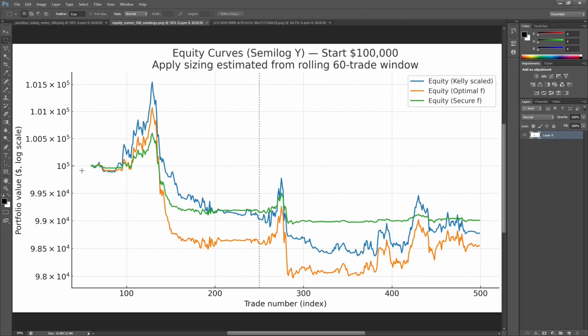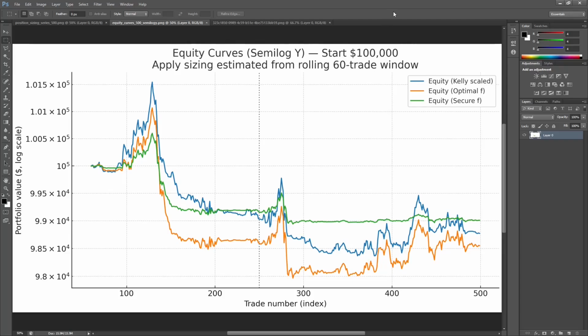And you can see optimal F did nothing for you, but ended up lagging, overbetting most of the time, despite what these guys said on the YouTube video. And I'm not saying it can't do better than Kelly. It can, okay? But if things don't maintain in your favor, and you know they won't, it's going to lag. It's going to overbet constantly.